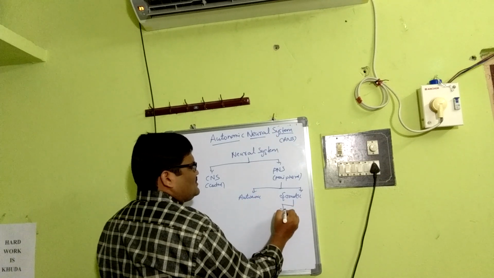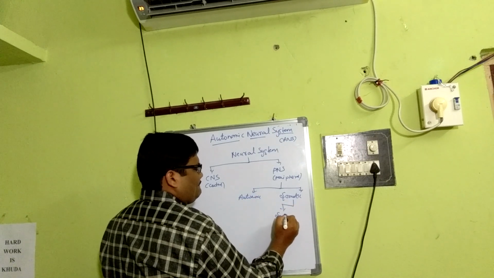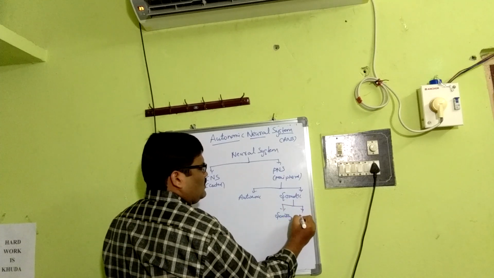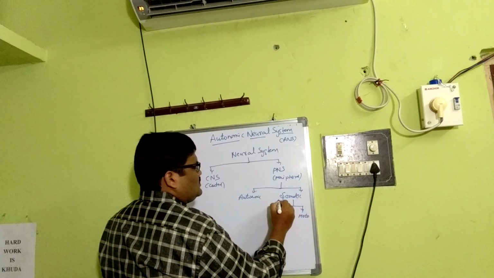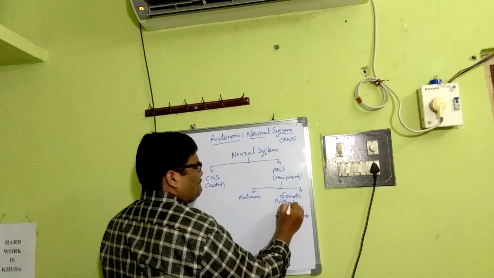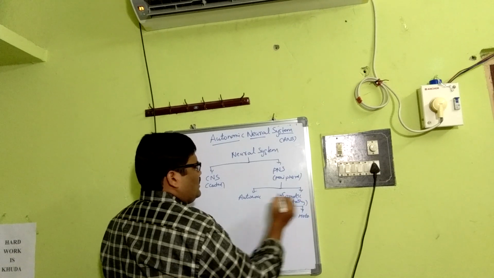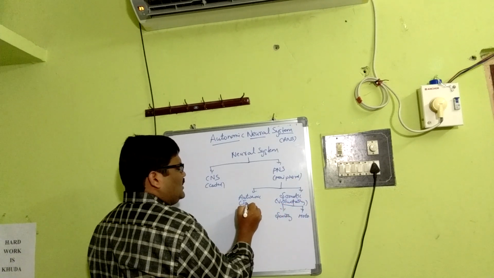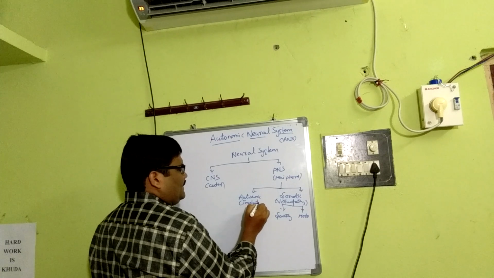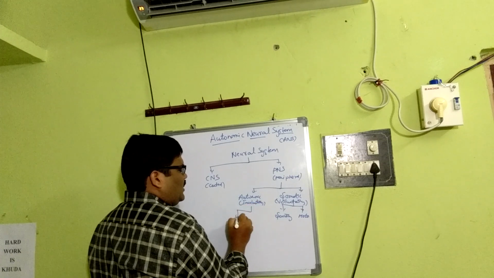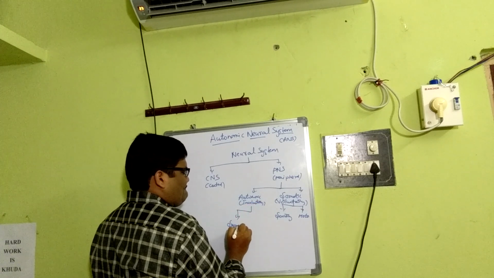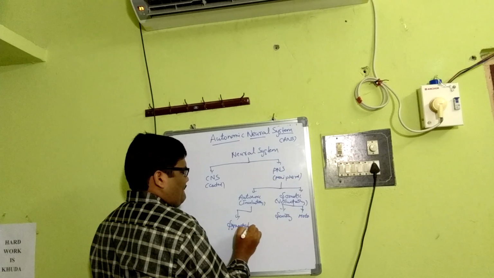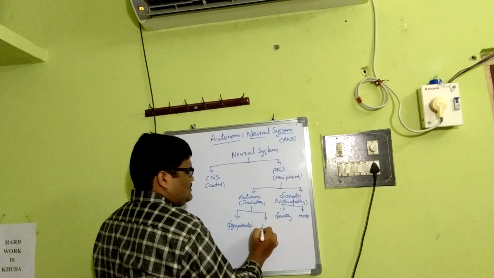Somatic is again sensory and motor. This is completely voluntary. In case of autonomic, it is usually involuntary, and it is of two kinds: sympathetic and parasympathetic.